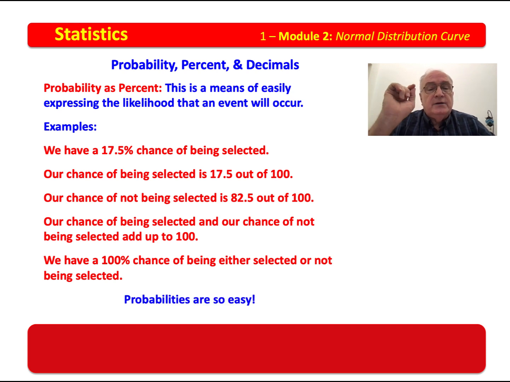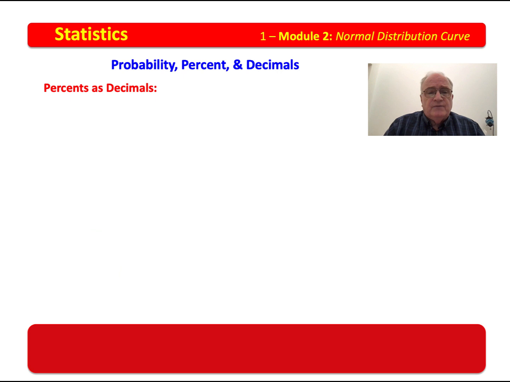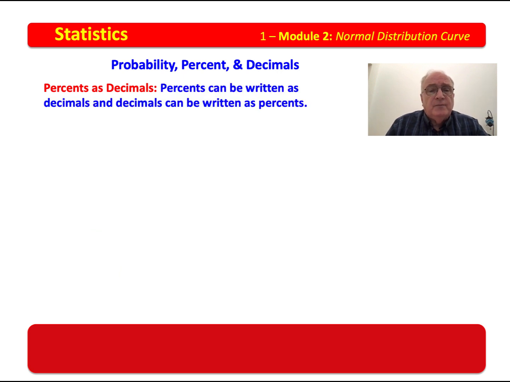What I'm trying to do is to demonstrate to you how important it is that we put things in terms of percents and think of them as decimals as well. A percent is, in fact, a way of writing a decimal. Percents can easily be written as decimals, and decimals can be written as percents.